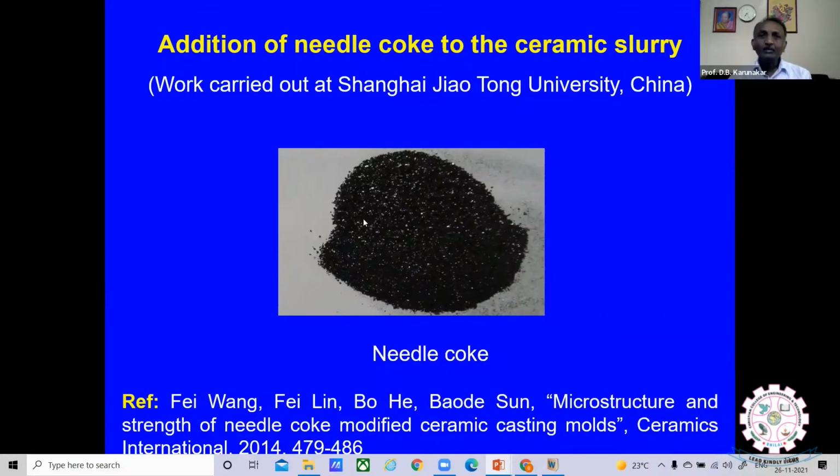This needle coke got burnt out because it's a petroleum product. So wherever there is needle coke inside the ceramic shell, it got burnt out and it made some pores inside the ceramic shell. These pores were used by the hot gases to escape from the shell. So that is how the porosity problem has come down. That was the work of these researchers.